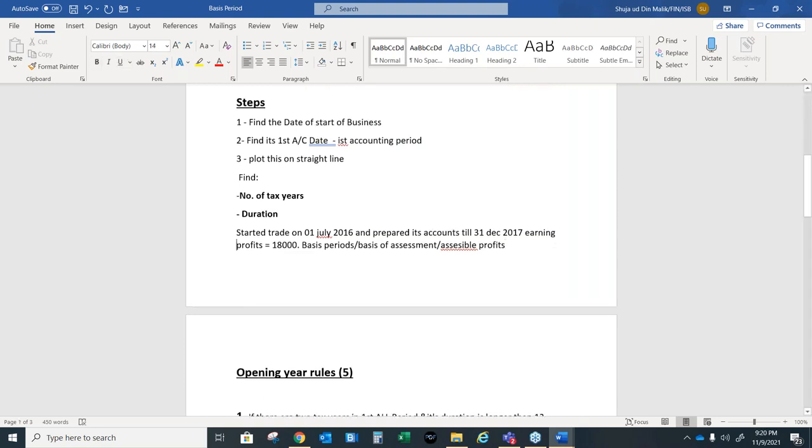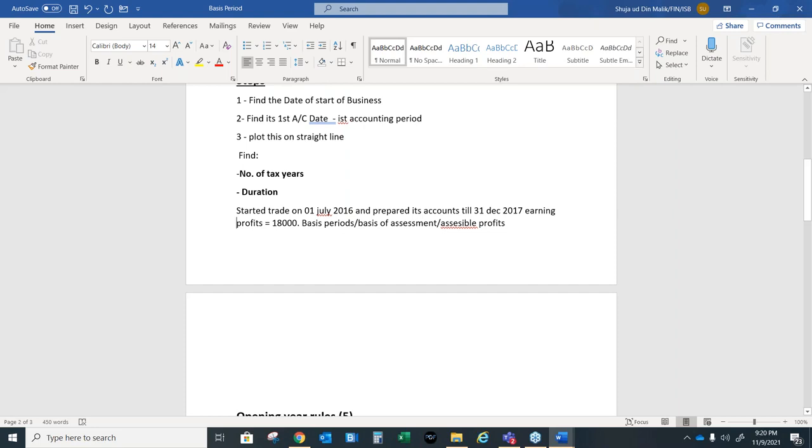The basis periods are prepared in the standard format, which you may all be well aware of. You have to find the tax year, you have to find the basis periods, and you have to find the profits.